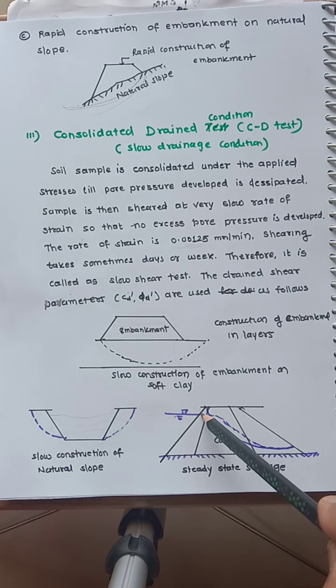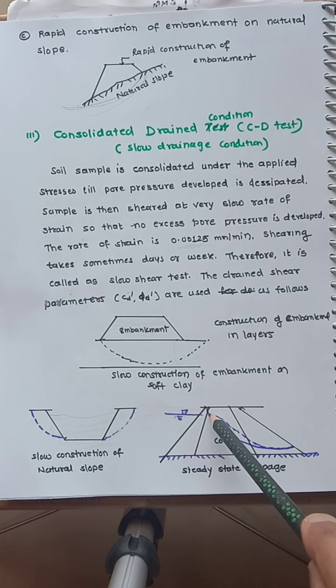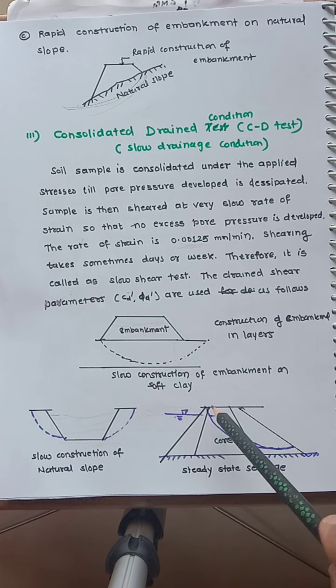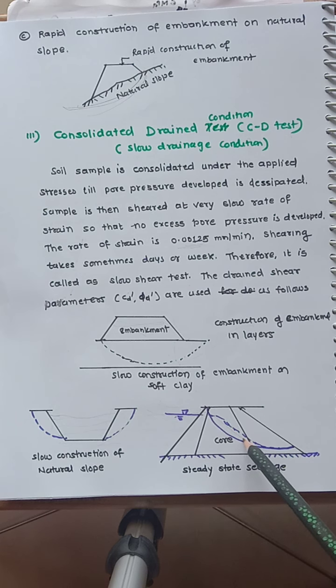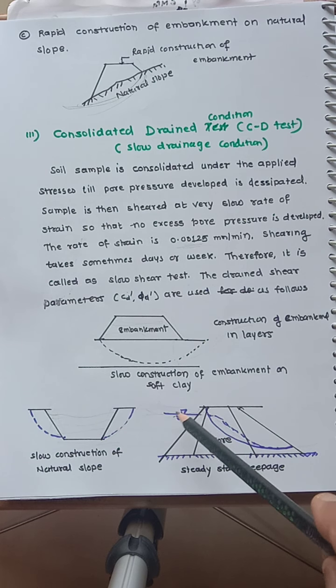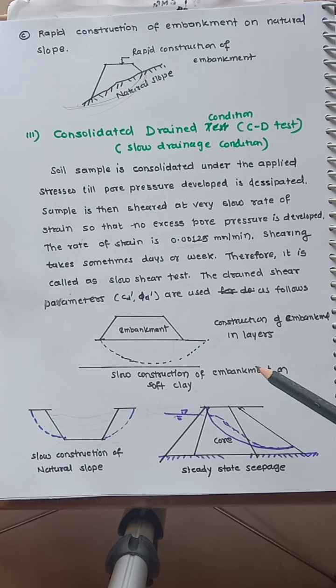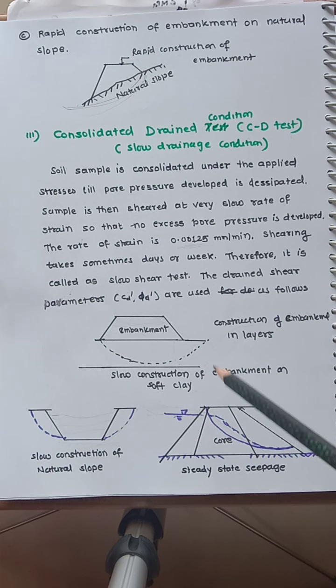This is called the full supply level, or HFL, high flood level, in a barrier or an embankment dam. The water goes on seeping, because this is also a soil material, but this is a very steady state, not so fast as earlier. Therefore the CD condition is developed.